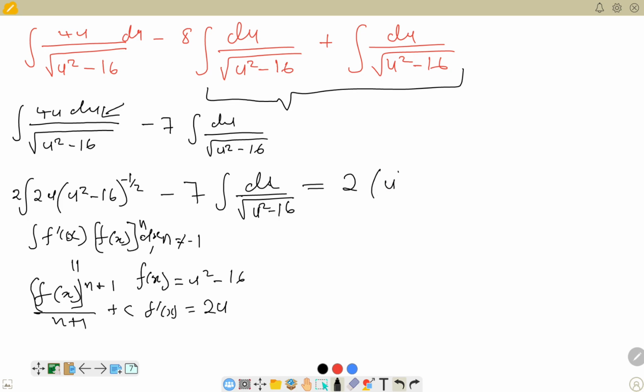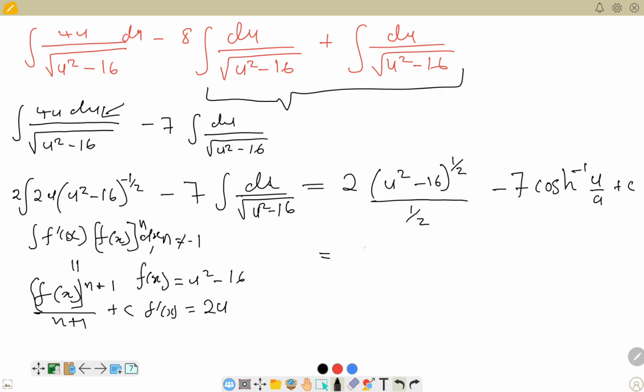Then we will have u squared minus 16 to the negative half, because our n is negative half. So negative half plus 1 is just going to be half. Then we divide by negative half plus 1, which gives half again. Then minus 7. This we said is going to be arccosh of u over A plus C.